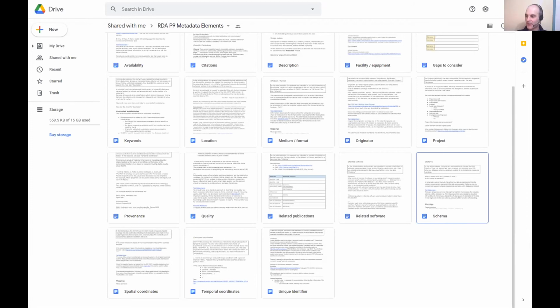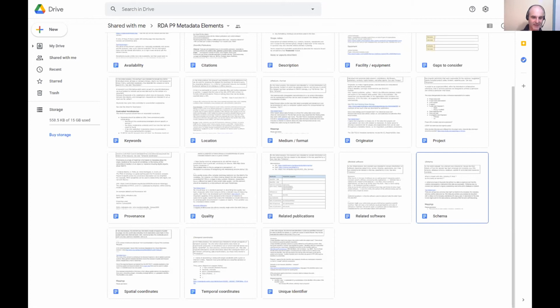That is a point that I've been coming up against a lot, looking at the elements. I look at the two elements that we have for related publications and related software, and I think that we either need more of those, or we more likely need to think about this more generally in terms of relationships to other resources.